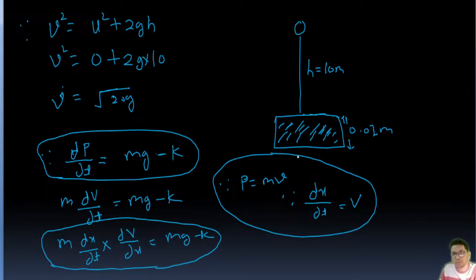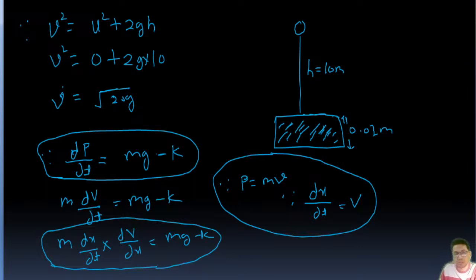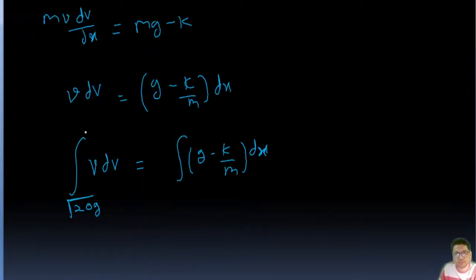And then it will decelerate. So the limit is going to be root 20g to 0, because after hitting, it will go down 0.1 meter, and at that time velocity will become 0.